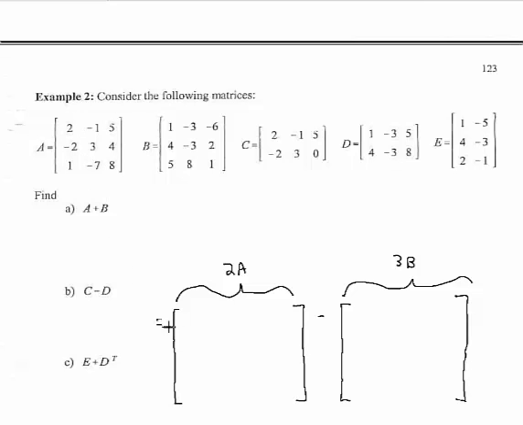So first row, first column would be 2 times 2. Then we'd have 2 times negative 1, 2 times 5, 2 times negative 2, 2 times 3, 2 times 4. Every number is multiplied by 2.